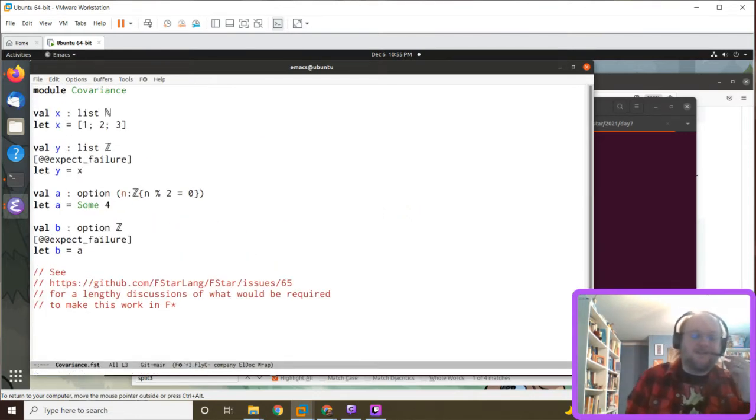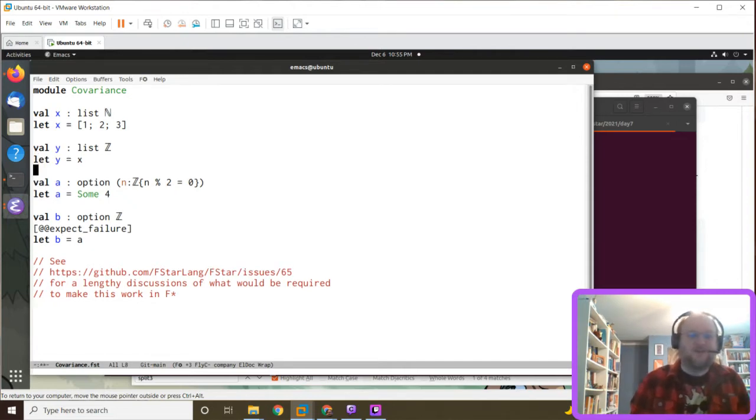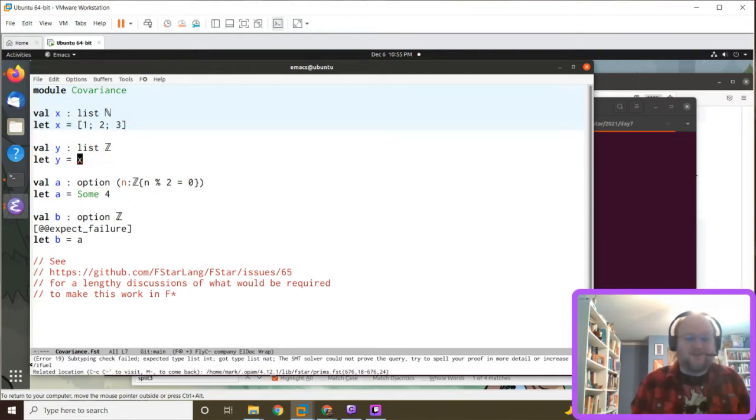So the types in F star are not covariant. So the natural numbers are a subset of the integers, but a list of natural numbers is not a subtype of the list of integers. So if we try to execute this, it'll say, hey, the subtyping check failed. These two types aren't related.